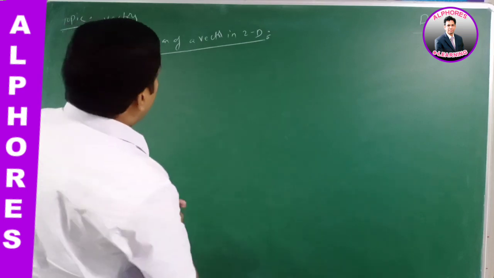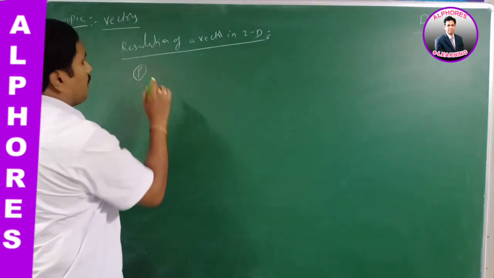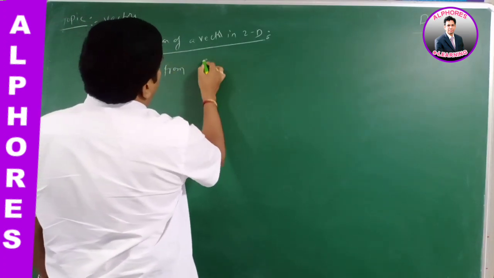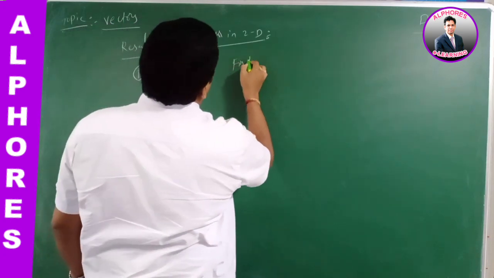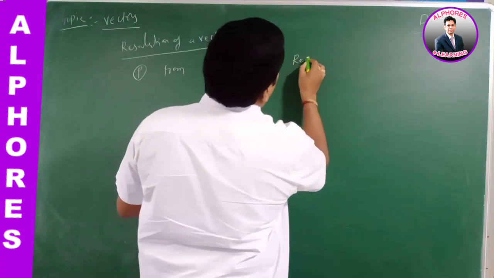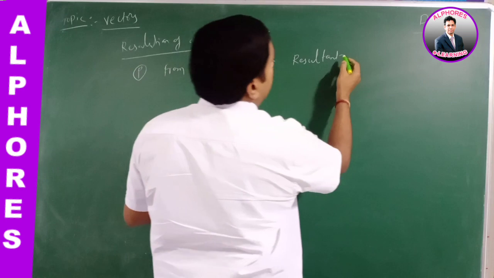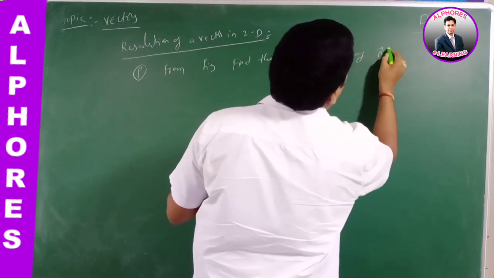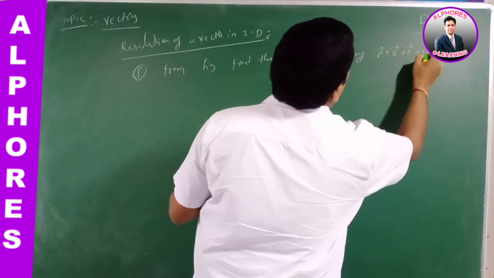Again, another example for this resolution of vector in 2 dimensions, that I am taking again from a figure only. From the figure, find the resultant of A bar plus B bar plus C bar plus D bar.